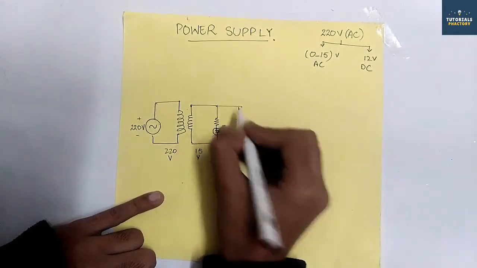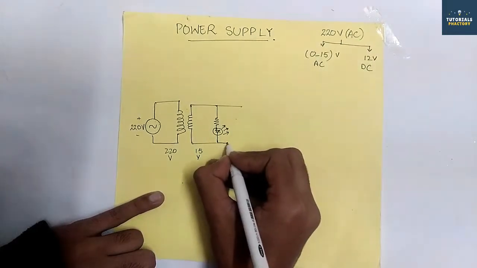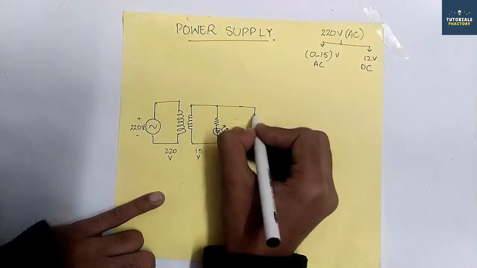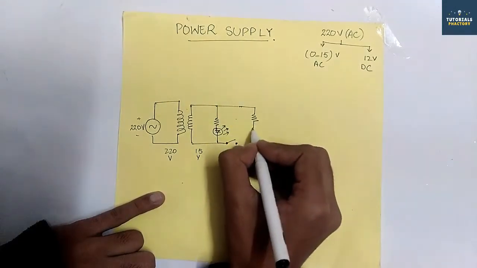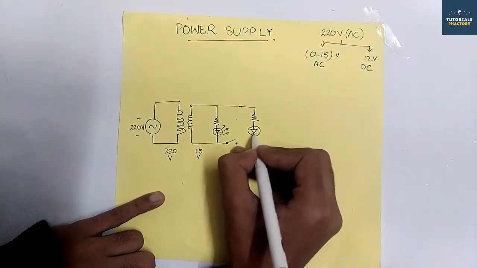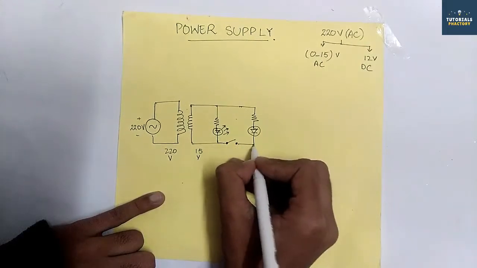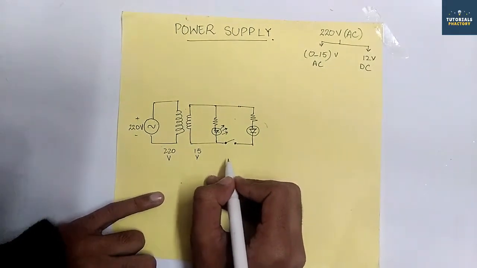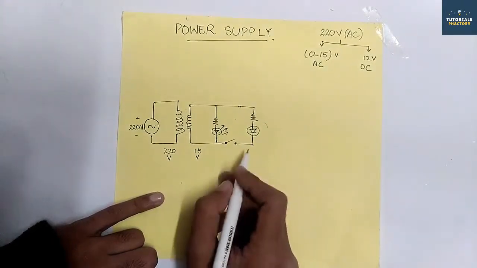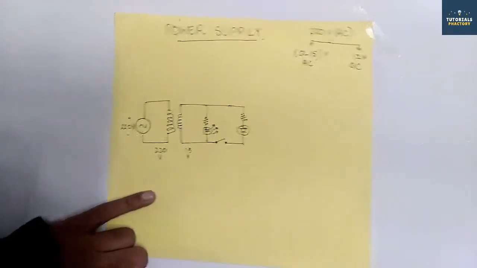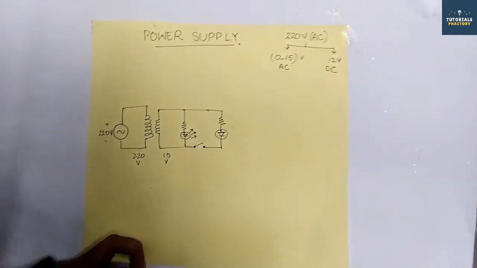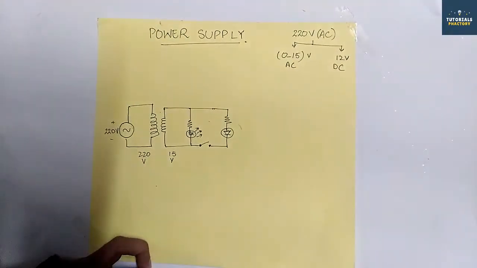And then further we will place an SPST switch and again a resistor and an LED. This SPST switch is basically our enable switch, with which the power supply can be turned off and on.